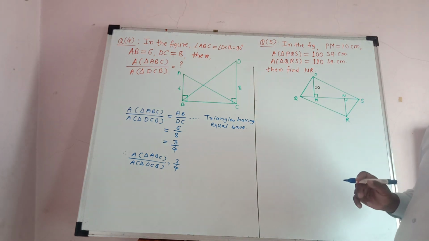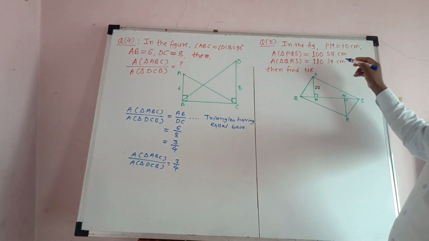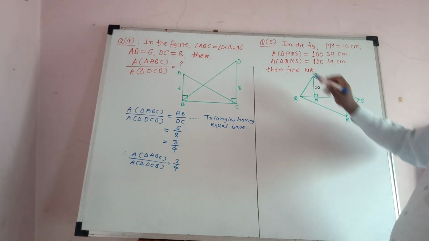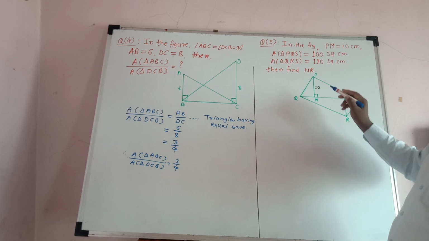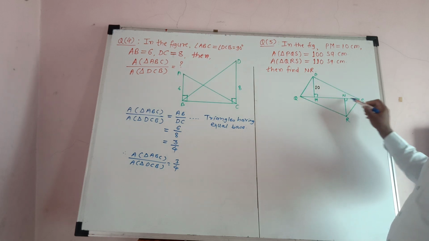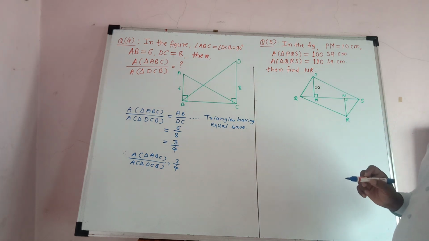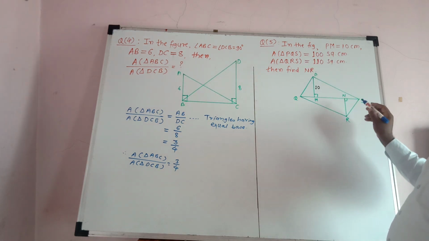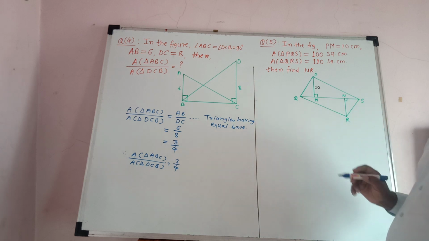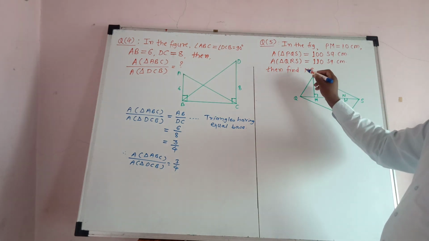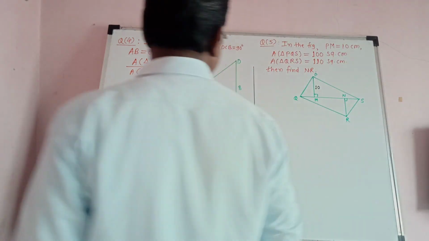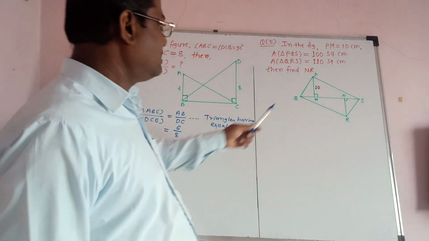Question number 5. In the figure, PM is equal to 10 centimeter. Area of triangle PQS is 100 square centimeter, and area of triangle QRS is 110 square centimeter. Then find NR. Now let's see these two triangles.